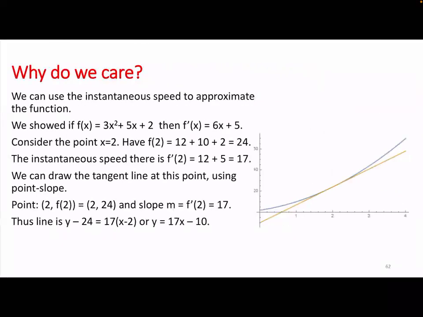All right. So why do we care about all of this? Well, the reason we care is that in general, we're not going to be fortunate enough to have a simple function to work with. But locally, every function is nice. Every good function is locally a straight line. If you go over small enough periods of time, you really can't see the difference in how your speed is changing.